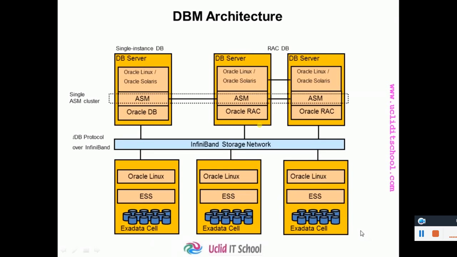Now, you know the servers are Oracle Sun servers. And on each server, you know what software is being installed, right? So this diagram summarizes the architecture, and what software is being installed on every server inside the database machine.